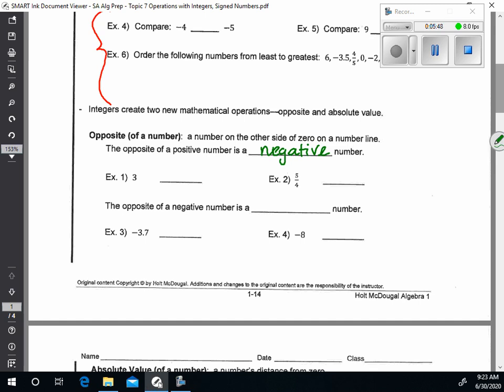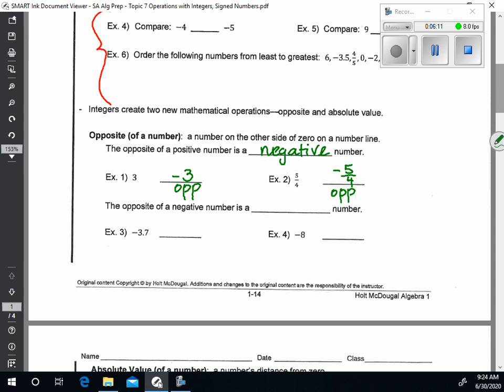The opposite of 3 would be negative 3. And the opposite of positive 5 over 4 would be negative 5 over 4. So it does not matter if the number is a whole number, a fraction, or a decimal. The rules hold up no matter what.